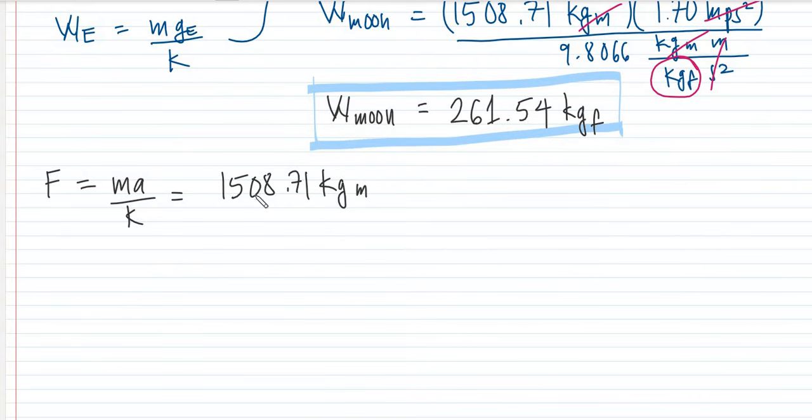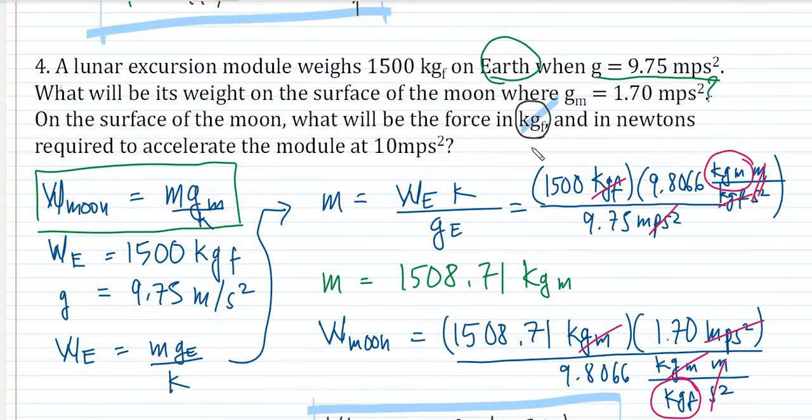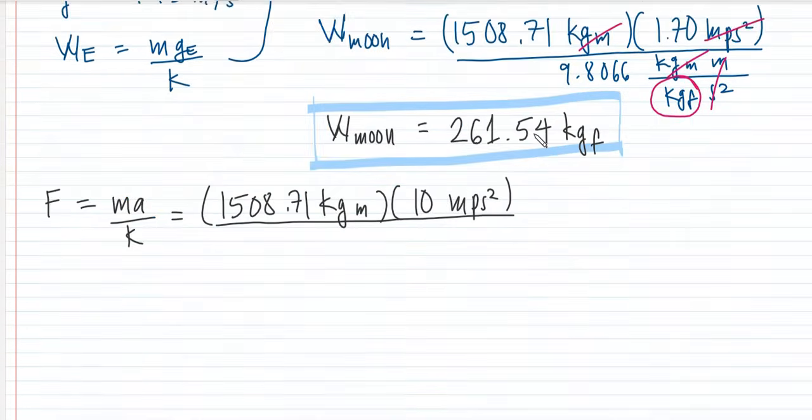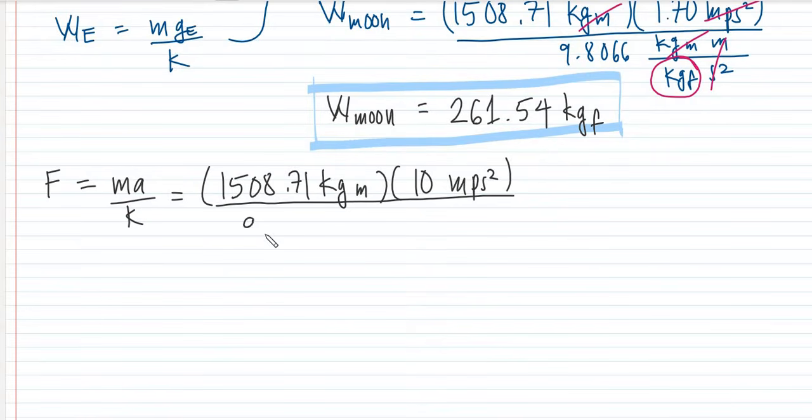So we simply multiply 10 meters per second square. The K there, in order to get kilogram force, which is the required unit here, is again 9.8066 kilogram mass meter over kilogram force second square. So meter per second square cancels out, kilogram mass cancels out, final unit is kilogram force.